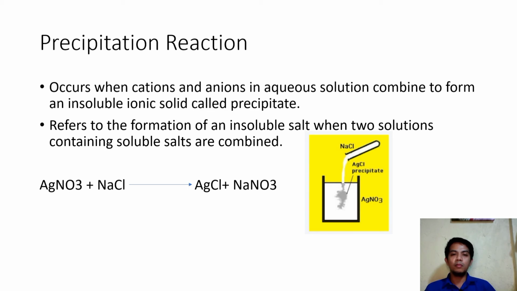So this time, when silver nitrate, which is soluble, and sodium chloride, which is soluble too, combine, they will produce silver chloride that is not soluble and sodium nitrate that is soluble.